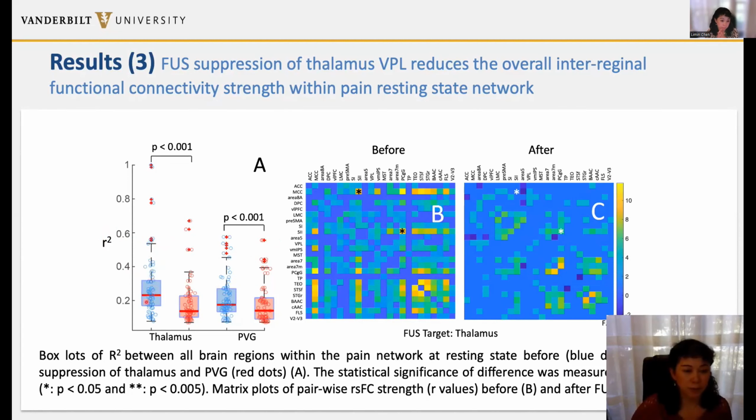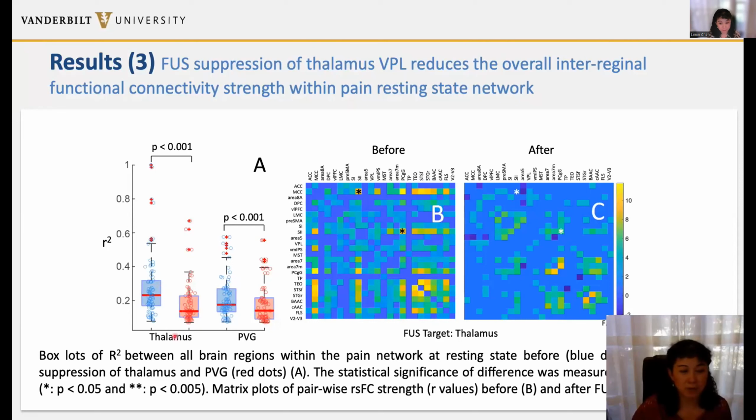The blue bar indicates before the ultrasound stimulation, and the red is after ultrasound stimulation. So you can see after ultrasound stimulation, the overall connectivity strength is significantly weaker.